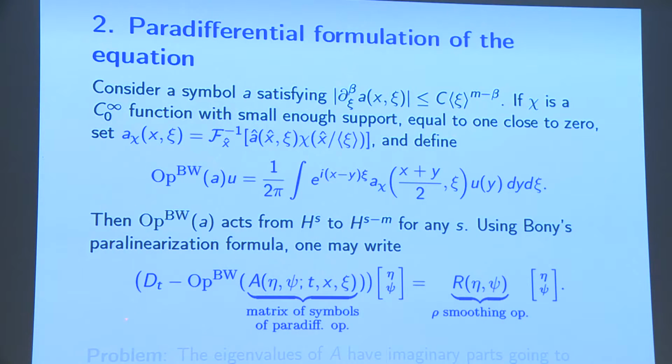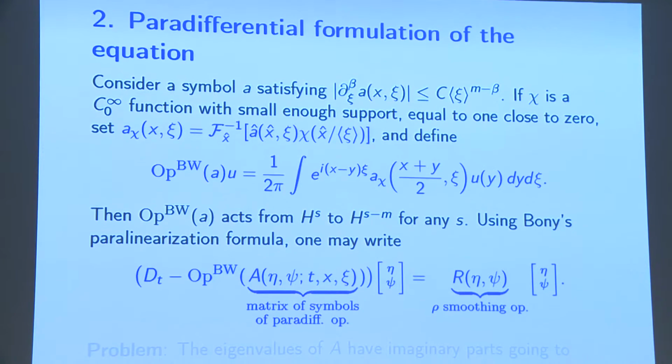You have capital D_t, where capital D_t will be 1 over i d over dt, minus the operator associated to a matrix of symbols, capital A. These symbols depend on eta, psi because we treat a nonlinear equation. And all that operator acting on the unknown eta, psi should be equal to some smoothing operator, that is an operator that will gain rho derivatives, for rho a given large number that we may choose, if we work in spaces of smoothing functions acting on eta, psi.